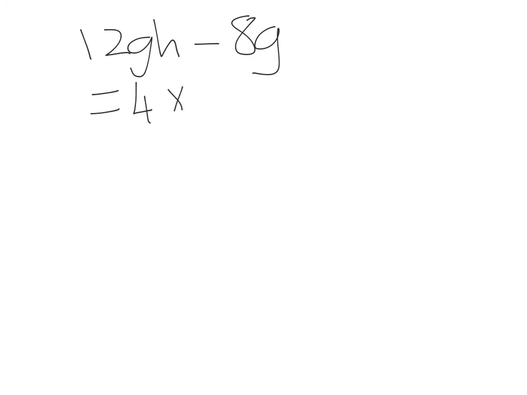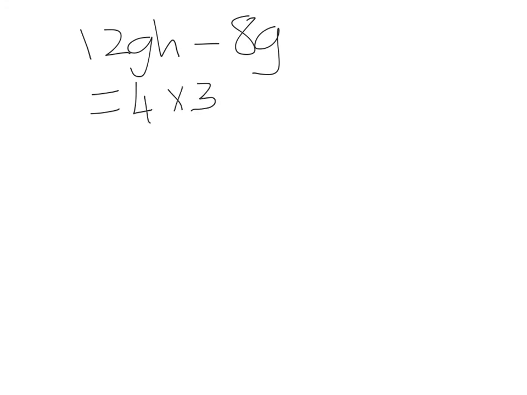All right, let's factorize 12gh minus 8g. We need to break down each term into its factors. So we know that the factors for 12 are 4 and 3.